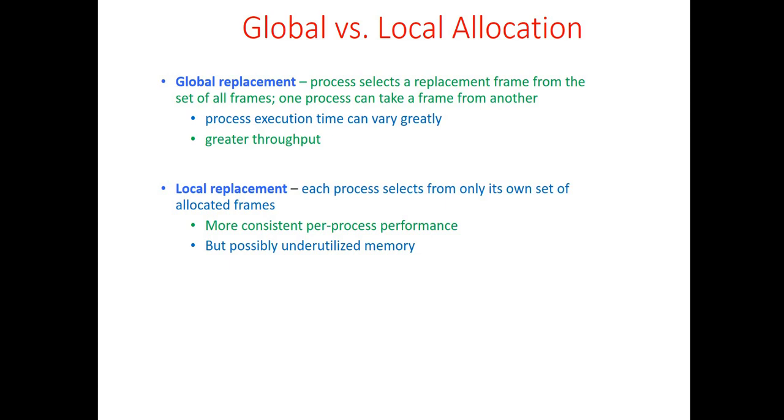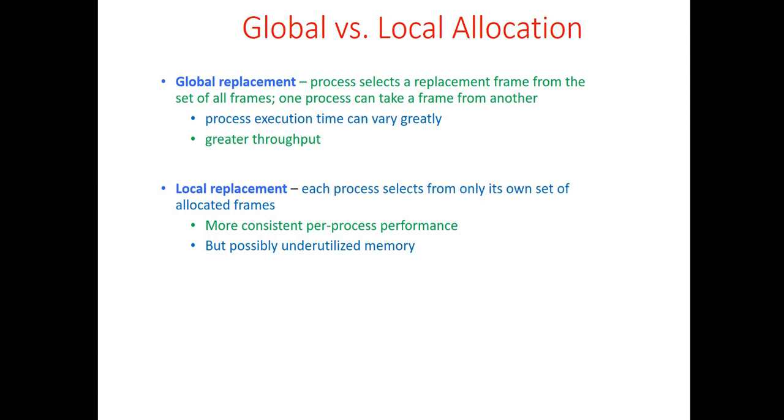Global versus local replacement. Under global replacement, a process will select a frame from any one of the frames available across all the processes in the physical memory. Therefore, process execution can vary because of this strategy, but the system throughput will be improved.